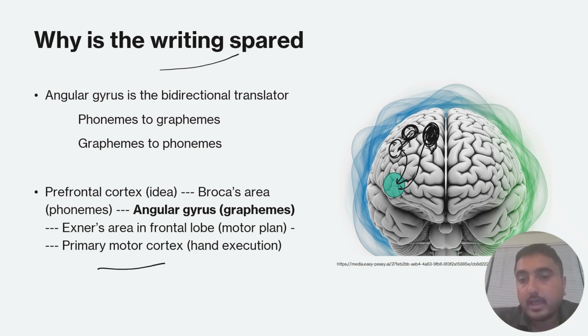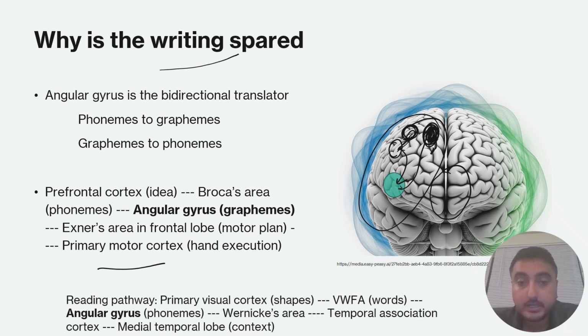So basically we don't have the involvement of the area supplied by the posterior cerebral artery, so the writing involving this axis would be intact, whereas reading would be impaired, because reading is involving the splenium.